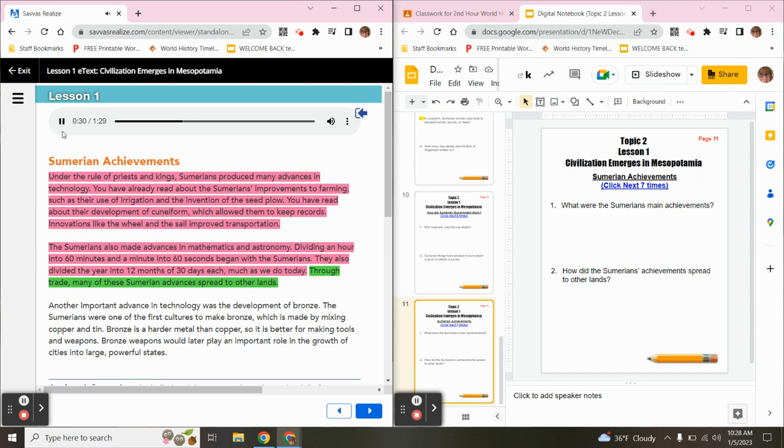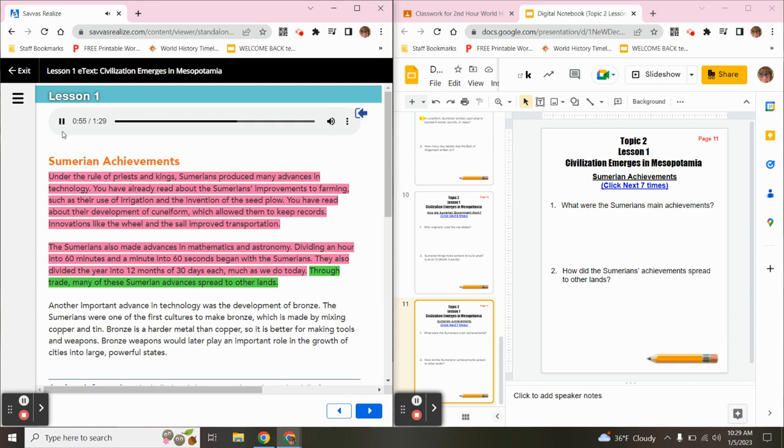The Sumerians also made advances in mathematics and astronomy. Dividing an hour into 60 minutes and a minute into 60 seconds began with the Sumerians. They also divided the year into 12 months of 30 days each, much as we do today. Through trade, many of these Sumerian advances spread to other lands.